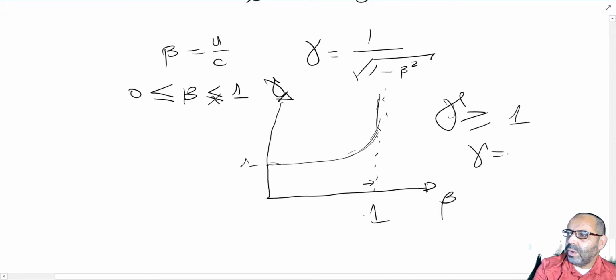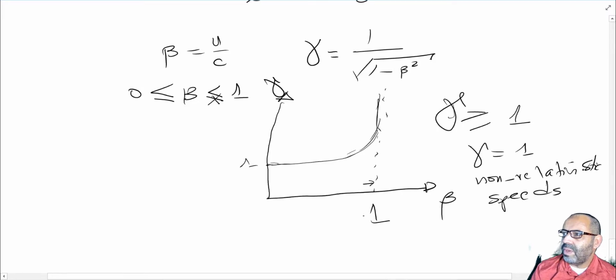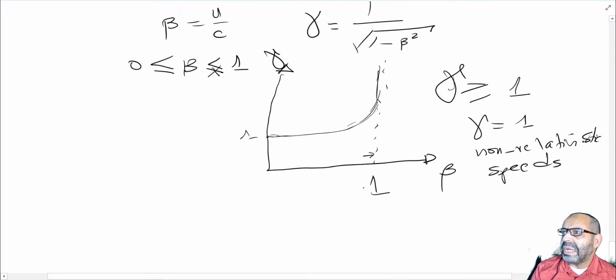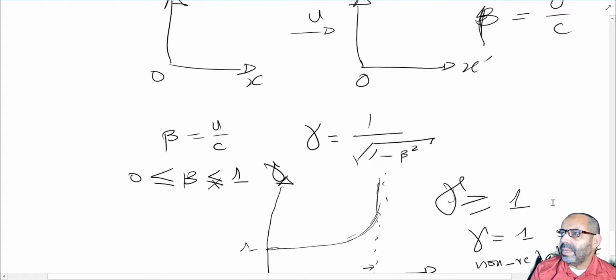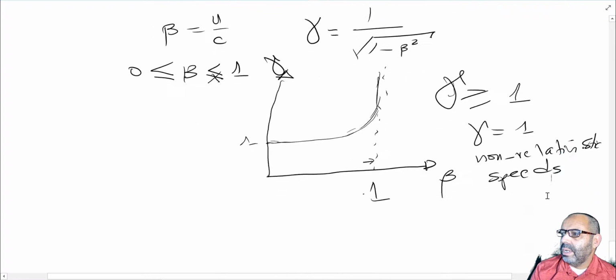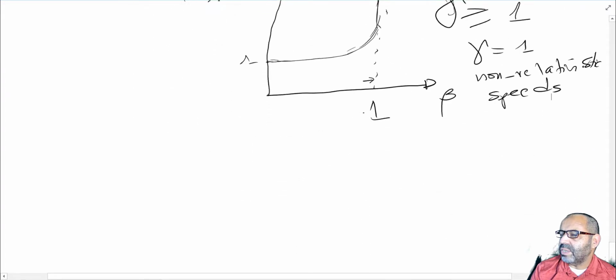Gamma is actually equal to 1 for non-relativistic speeds, meaning if beta is very, very close to 0, very small, then you can neglect it in front of 1, and gamma will become 1. So that's why we didn't see it when we were doing the transformations known as Galileo's transformations, because the transformation would work fine in this case.